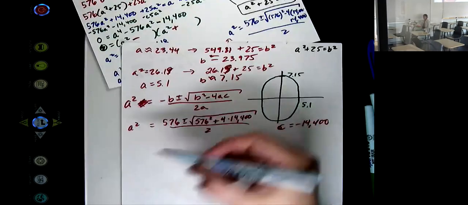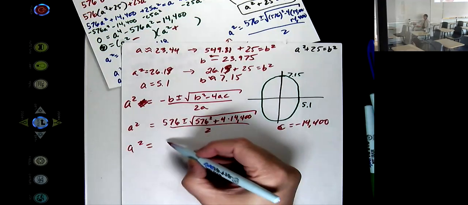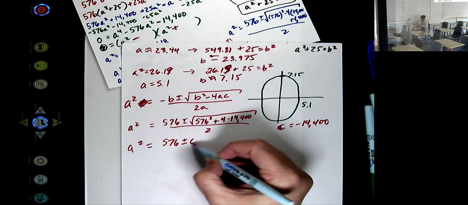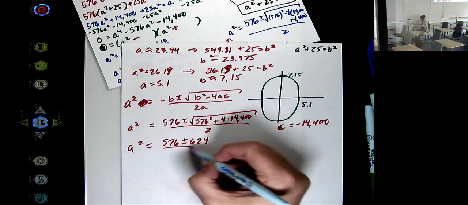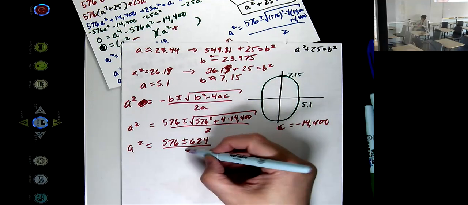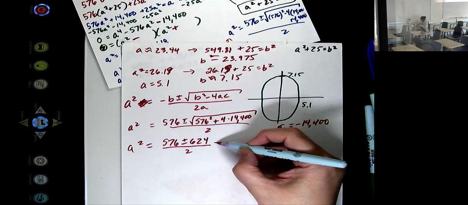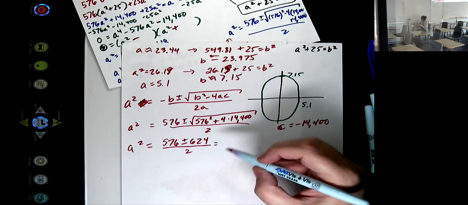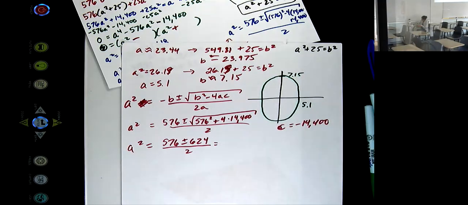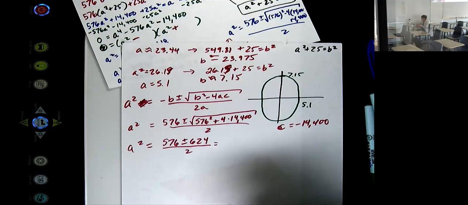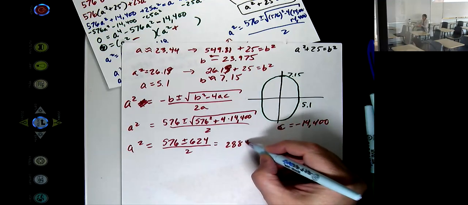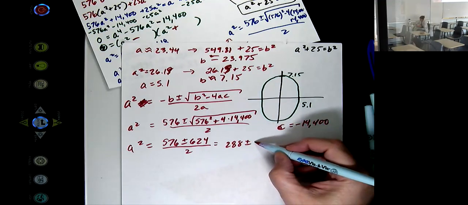That's 624. There we go. Nice numbers. So it's 288 plus or minus 312.